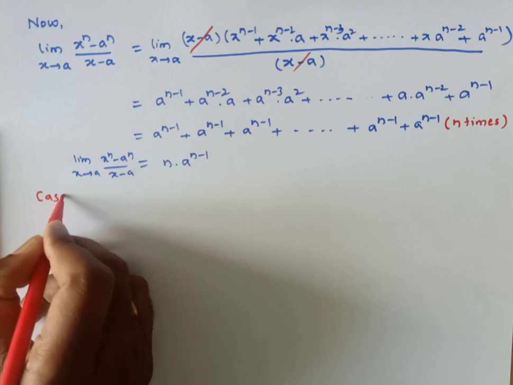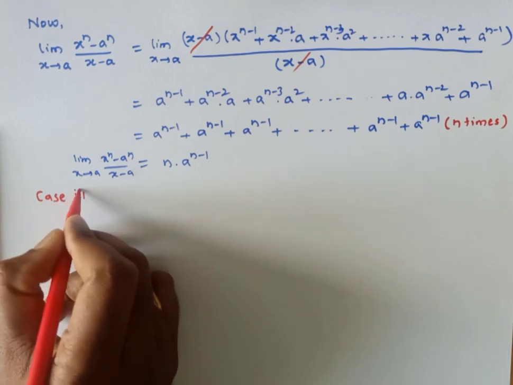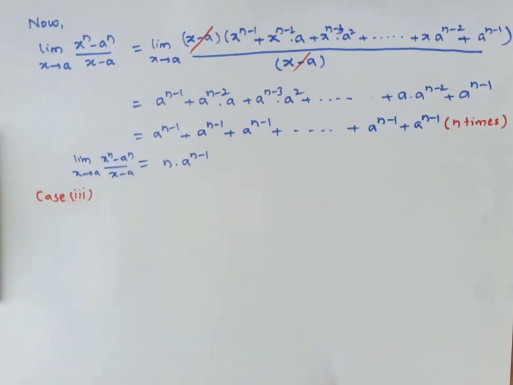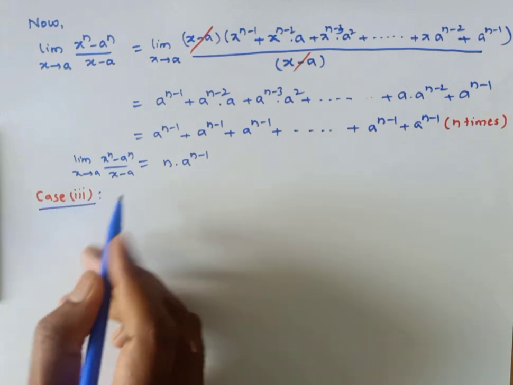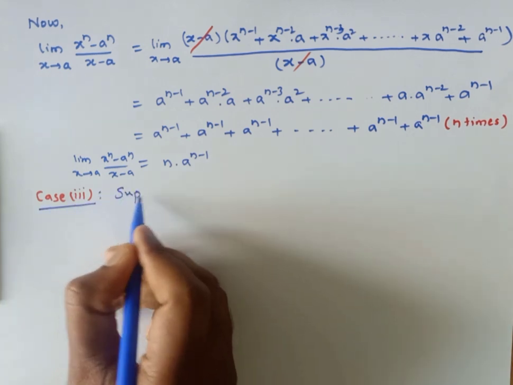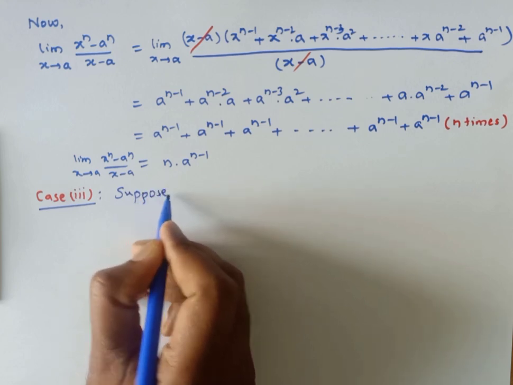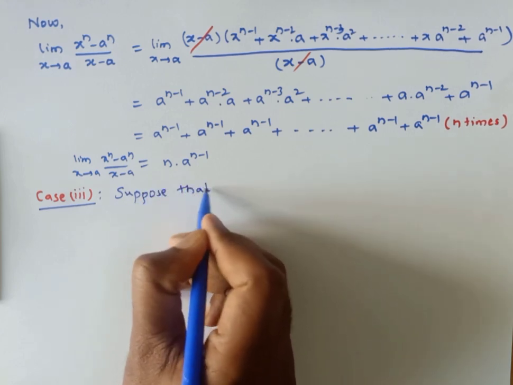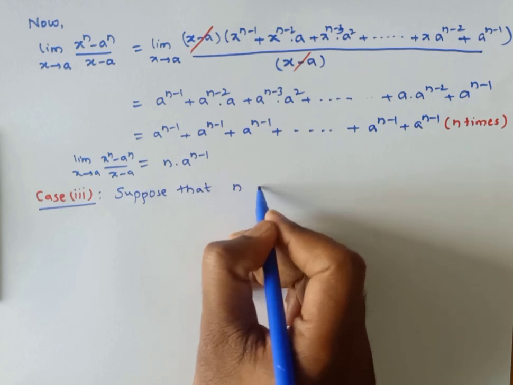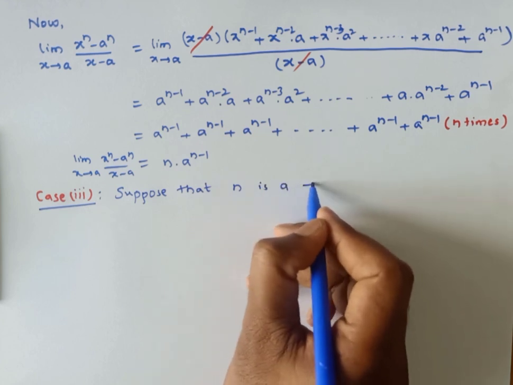Next check for negative integer. So already we proved for positive integer, right? So here now we can use this for the next proof. So let us suppose that n is a negative integer.